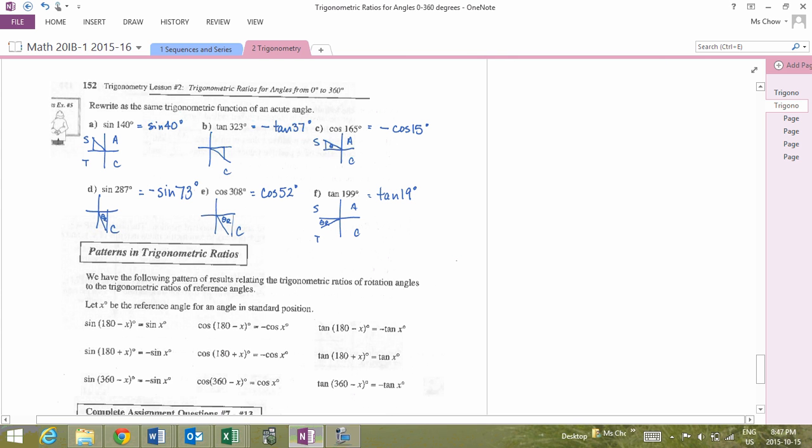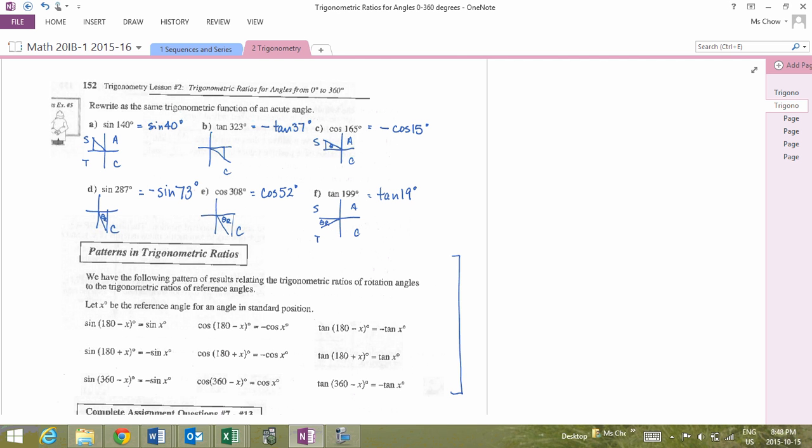If you take a look at what they've got here for patterns in trig ratios, again, I personally wouldn't bother memorizing all of those. What are they talking about? 180 degrees minus x, 180 degrees plus x, or 360 degrees minus x, x being your reference angle. Those are like the formulas I've referred to in class, the quick general rule for how you can determine what the reference angles are.